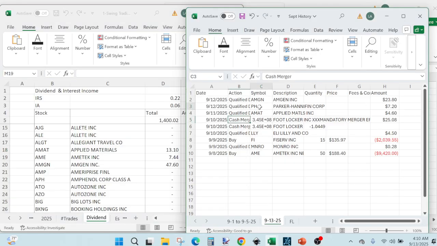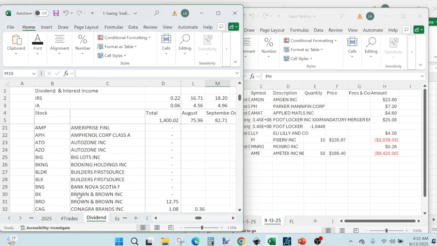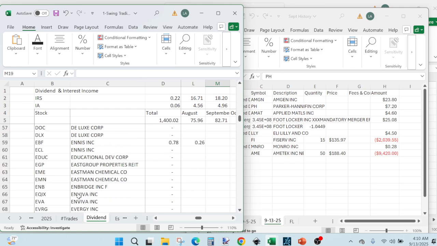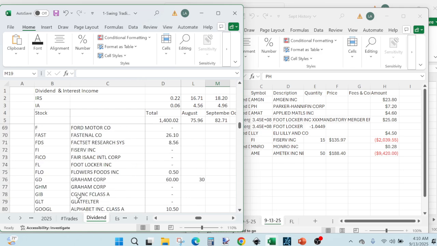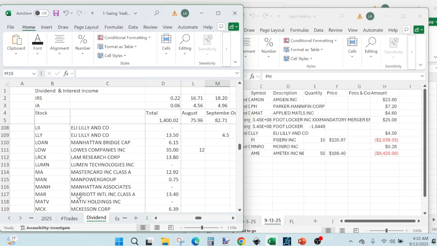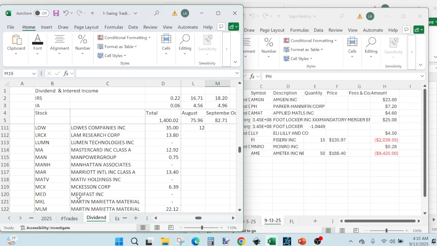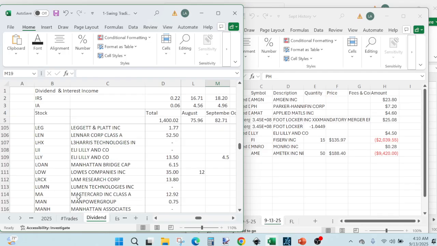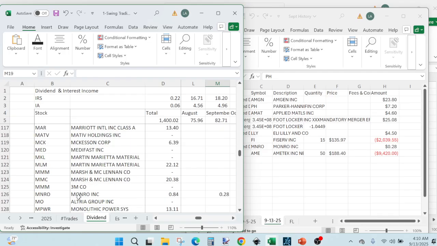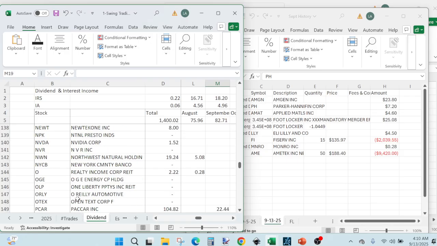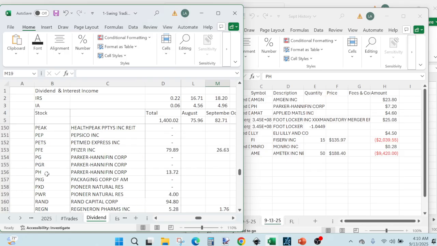Then we have PH. I'm double checking those entries that are already made on my way to PH.